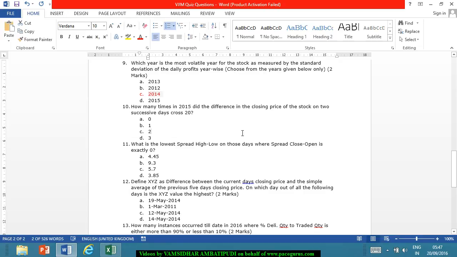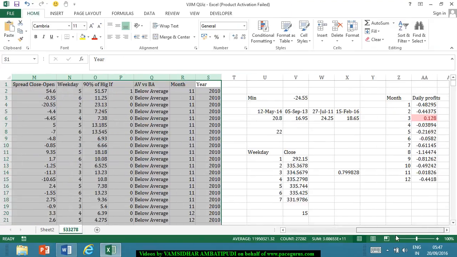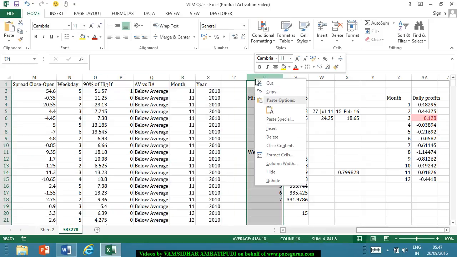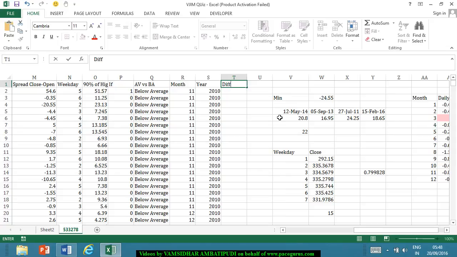Alright. How many times in 2015 did the difference in the closing price of the stock on 2 successive days cross 20? So I have to find the difference in the stock on 2 successive days. Right, so let me create a difference column.